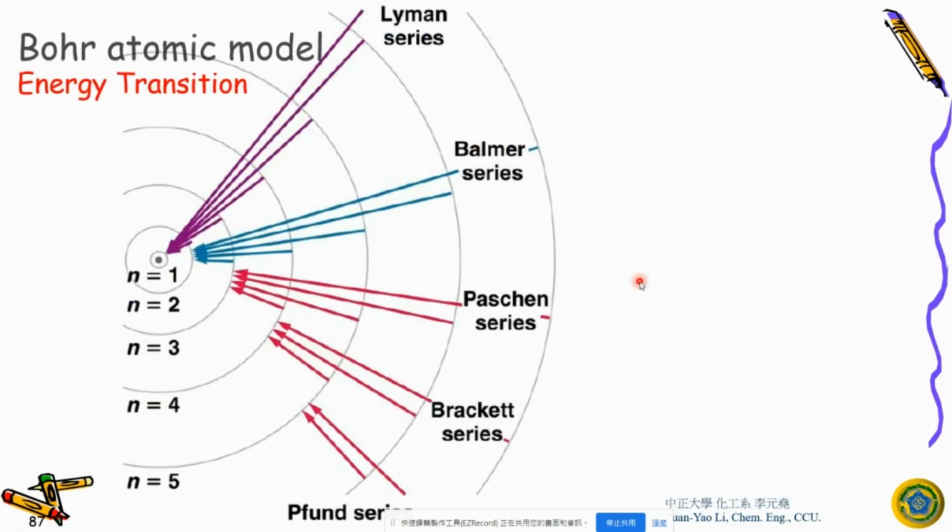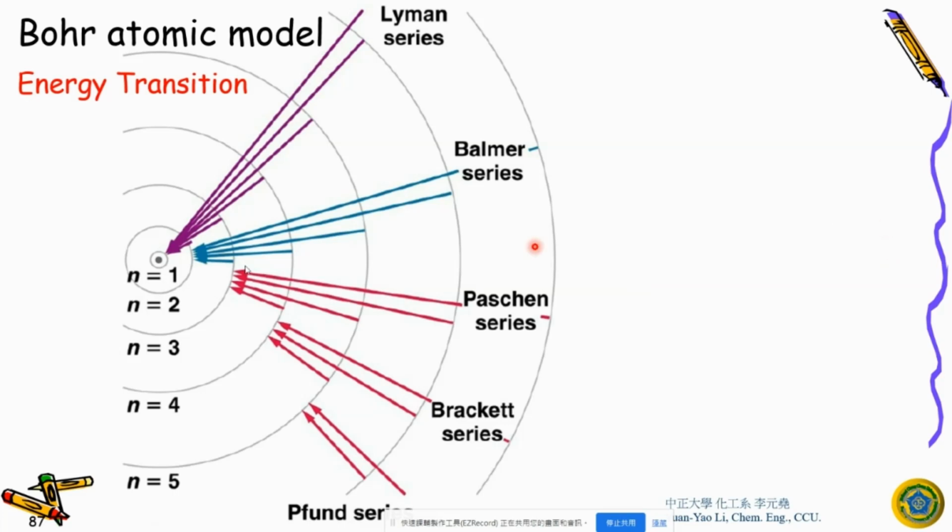But this is not true, because for the energy transition, the energy can go from number 5 to number 2, or from number 5 to number 1. So there are many series after the development of the Balmer series.